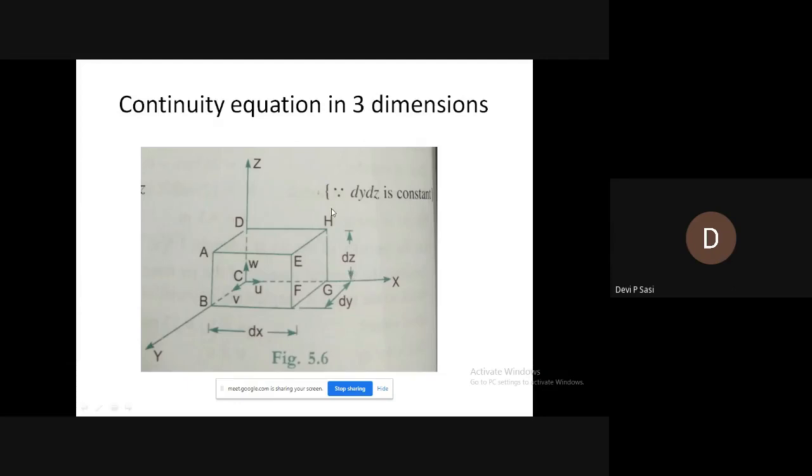What will be the mass there? Rho into again u, because we are considering the velocity component in x direction. So rho AV, rho into velocity u, into the area. What is the area? dy dz.